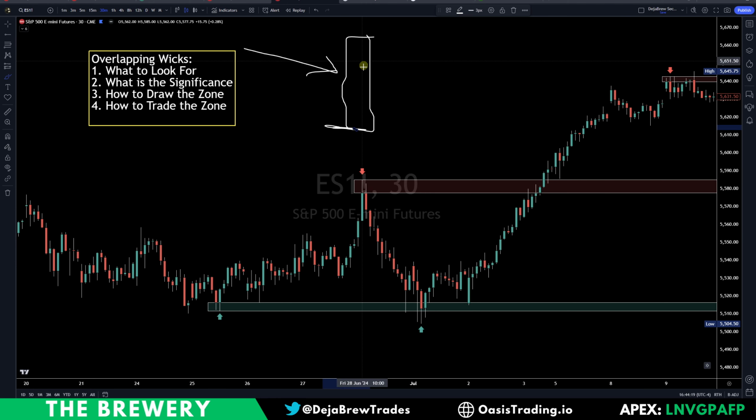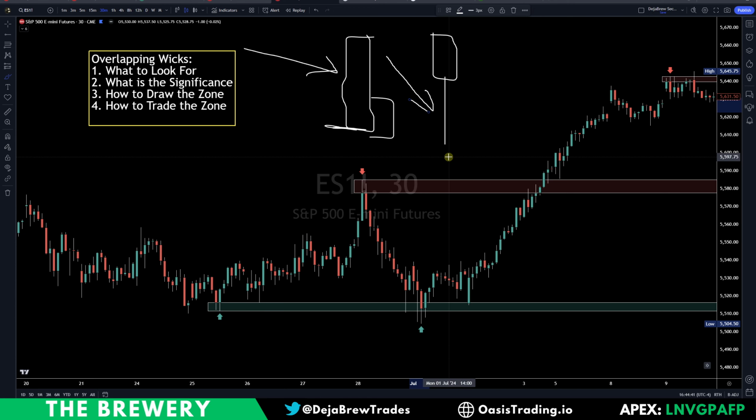So if the sellers find a lot of value there, then that would most likely be closing significantly towards the low of that candle without seeing that wick. So imagine this candle found a lot of buy pressure. It would look something like this, where it's the same size of the candle, but now it has a much longer bottom wick because those buyers are finding value as price is pushing lower. Okay.